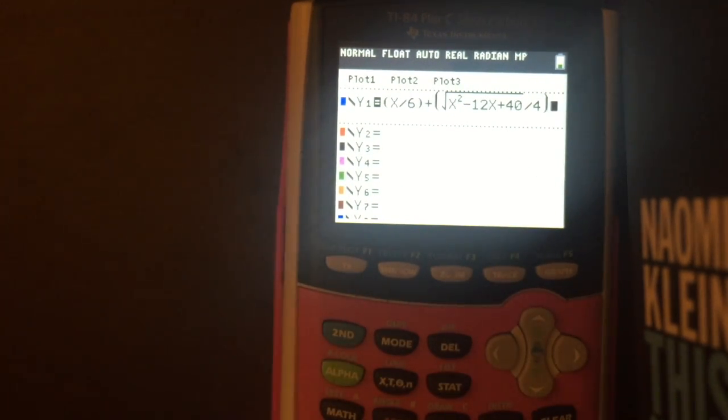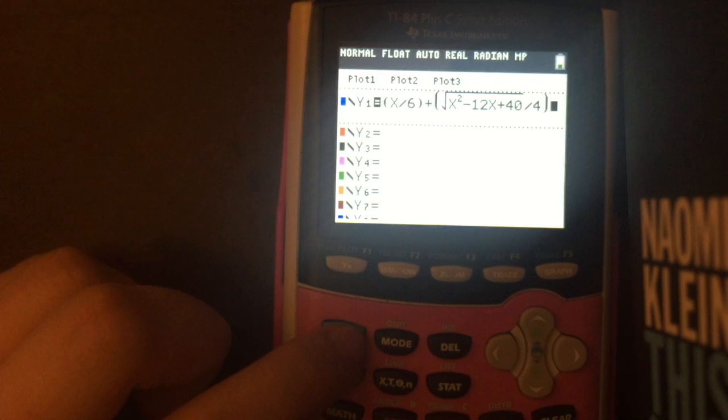Now, each function, whether it's this equation or another equation, is going to have various windows, so it's going to have different minimums and maximums, and a lot of graphs are going to be different if it's quadratic or linear. So to make sure that I can see my full graph, I need to fix my window.